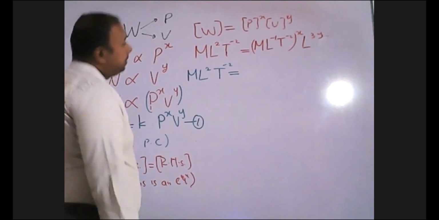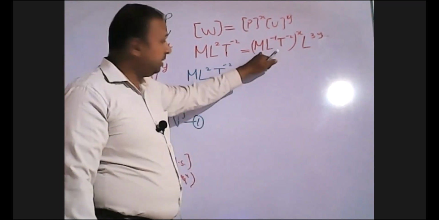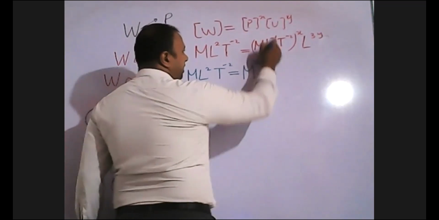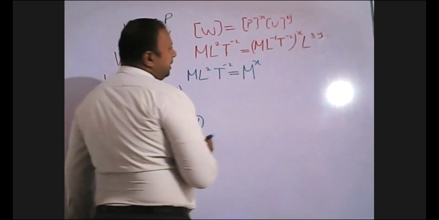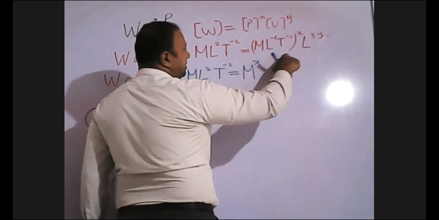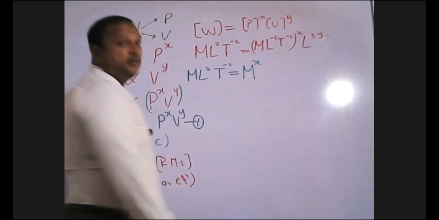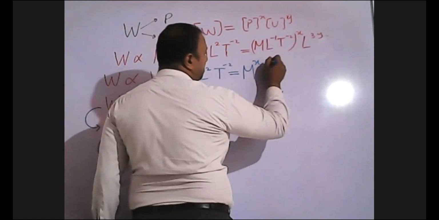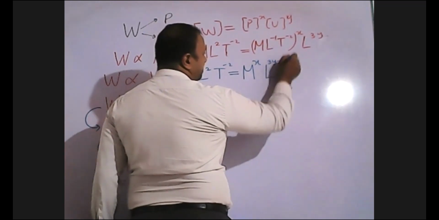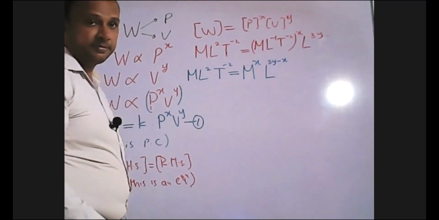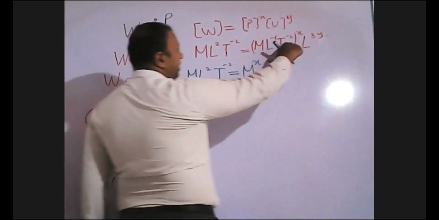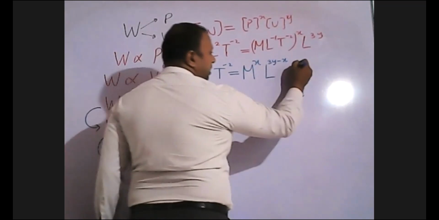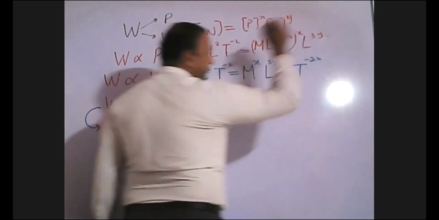On the right, there's only one M, so M to the power X. Then there are two L's: L to the power minus X and L to the power 3y, so L to the power minus X plus 3y, that means 3y minus X. Then the T terms: T to the power minus 2 into X, that means T to the power minus 2x.